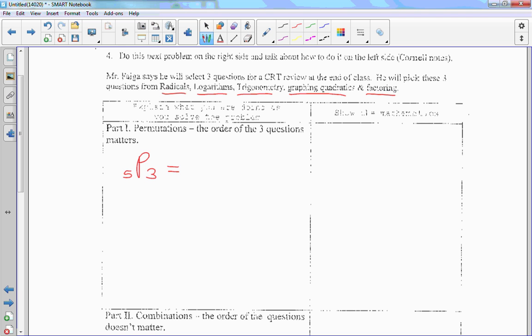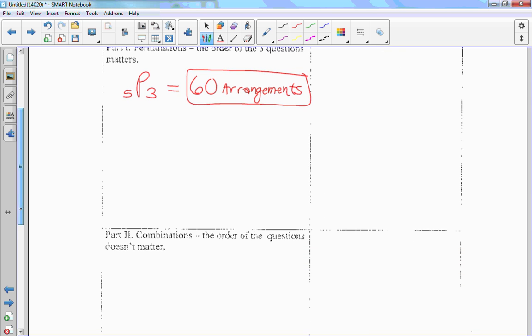So type that in your calculator really quick. 5 permit 3. 5, and you go to math. Make sure you select the nPr. 60. 60 arrangements or presidencies. Which says down below, if we didn't care about the order, we just wanted the group to review, it would be 5 choose 3.